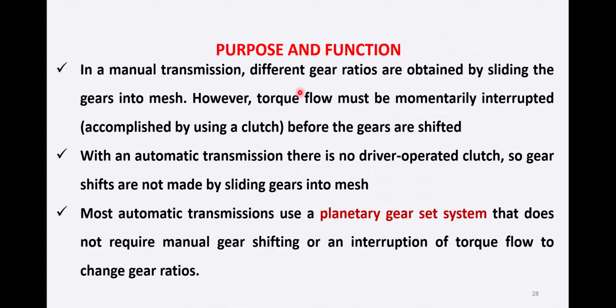The purpose of this planetary gear: in a manual transmission, different gear ratios are obtained by sliding the gear into mesh. However, torque flow must be momentarily interrupted, which is accomplished by using a clutch before the gears are shifted. So when we apply the clutch and change the gear, the torque flow is momentarily disturbed in the manual transmission.